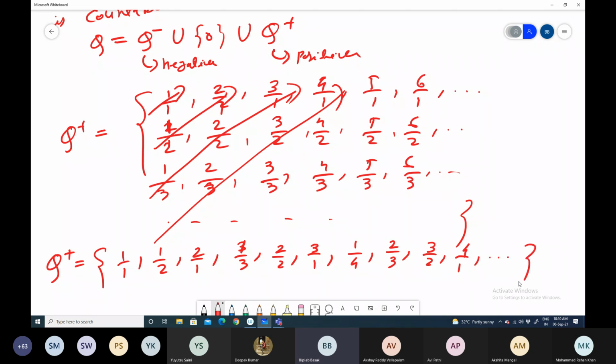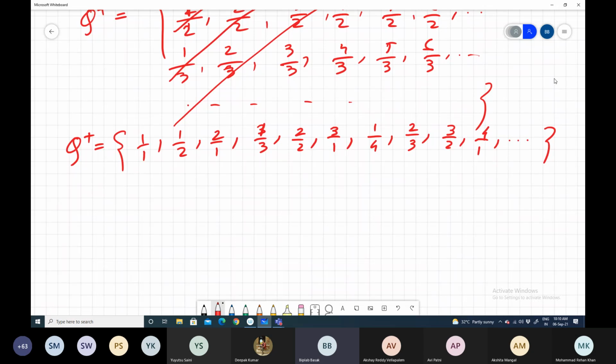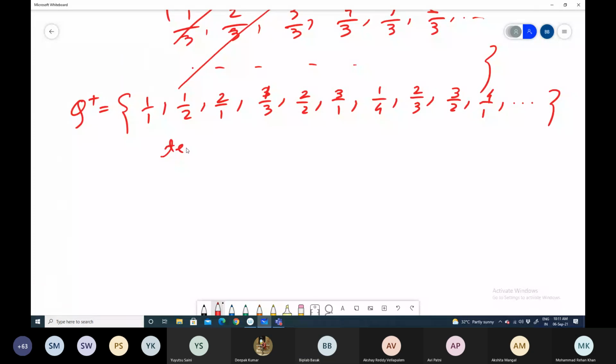You can list all the elements of Q plus. So terms can be repeated, so that implies Q plus is countable.